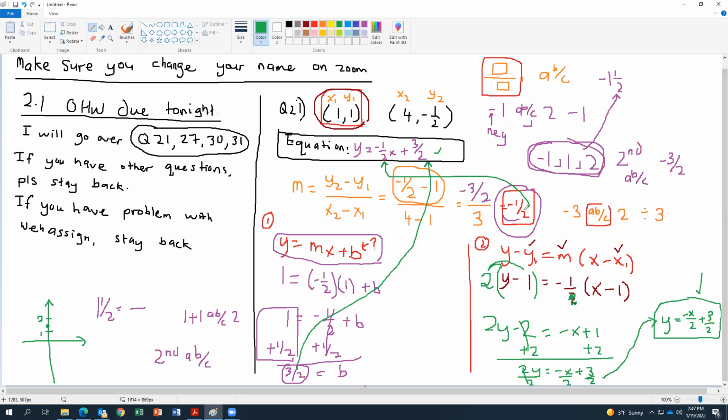And your slope is negative 1/2. So negative 1/2 means you have to go down 1 over 2. So you go down 1 and over 2. So this is the line that we have in this case. Okay, so make sure you know that this line will cross at 1.5.